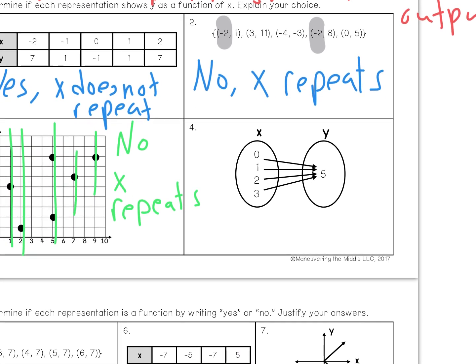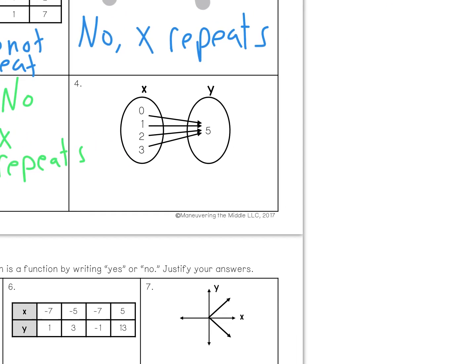Okay? What about number 4? Do the x values 0, 1, 2, 3 repeat? No. Y repeats, and that's okay, but x does not, and here's why y repeating is okay. All of these values are telling me 0, 5, 1, 5, 2, 5.